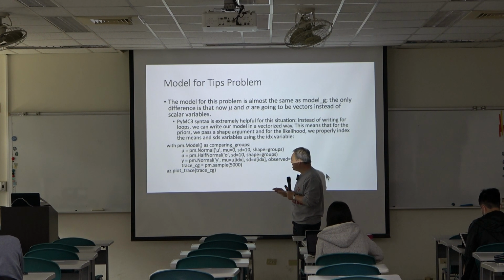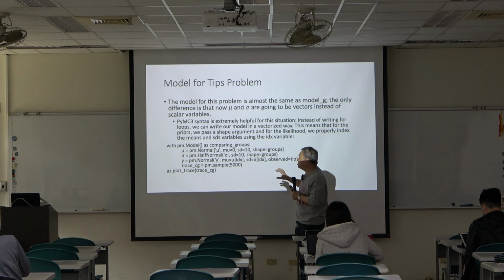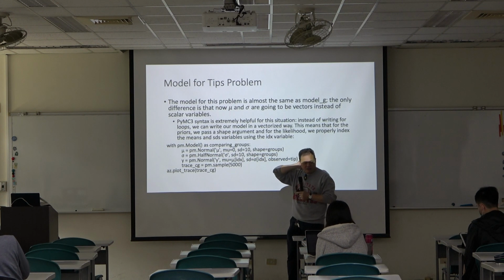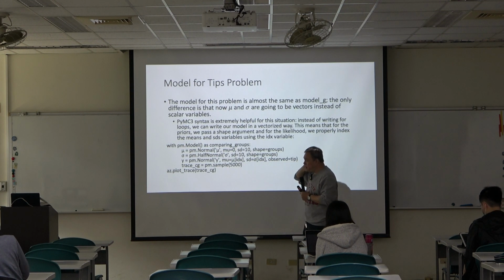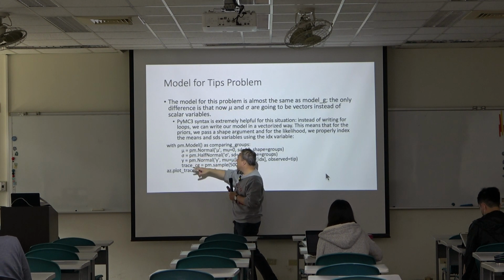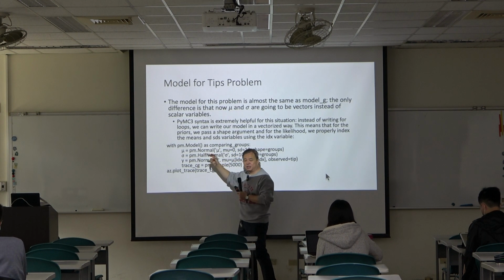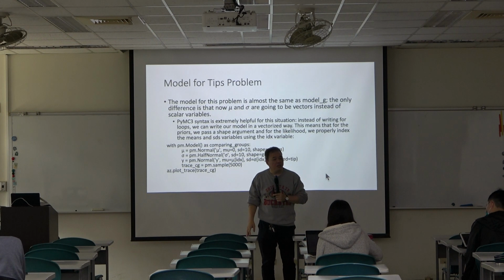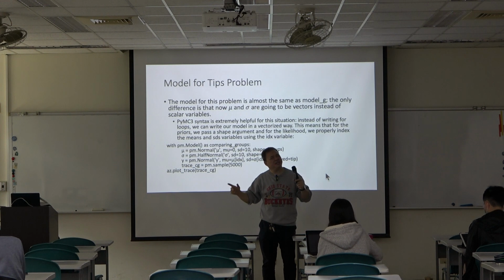To be honest, there is still something different in this model. If you look at model G, you remember that for mu we did not use a normal distribution. We used a uniform distribution, between 40 and 70, if I remember correctly.